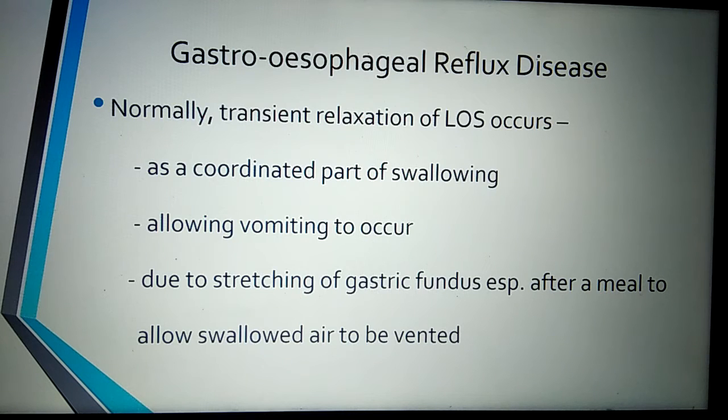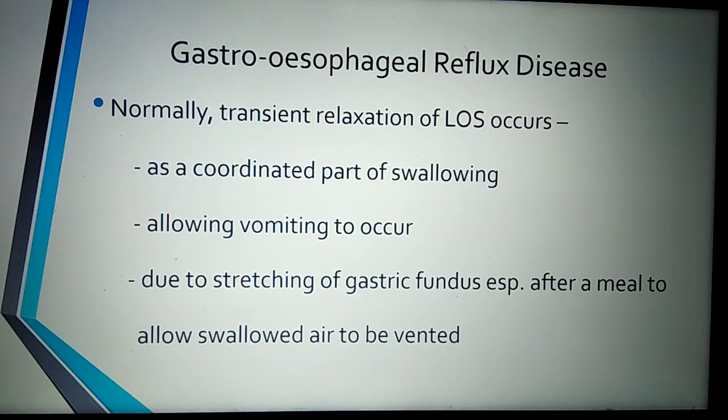Normally, there is transient relaxation of the lower esophageal sphincter. And why is it occurring? It may occur as a part of the swallowing process, in coordination with other things.